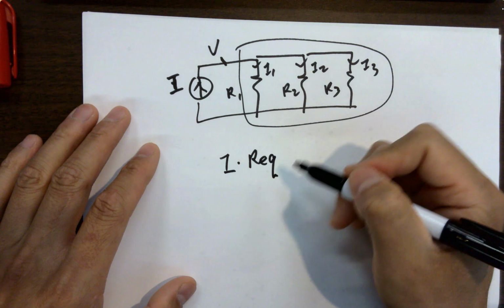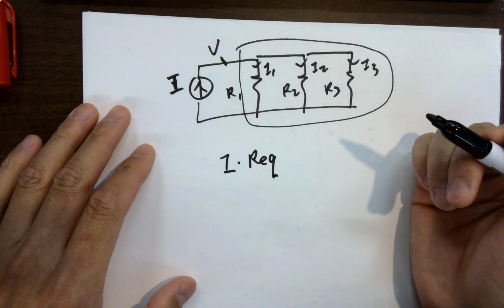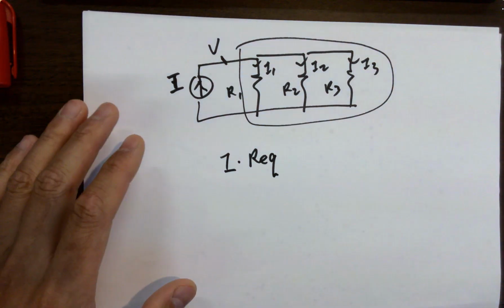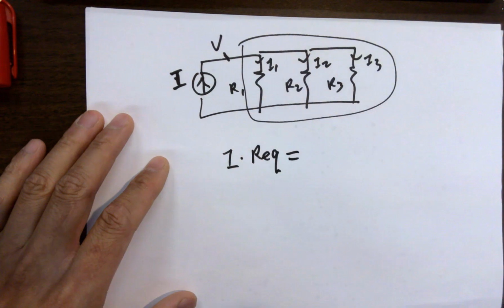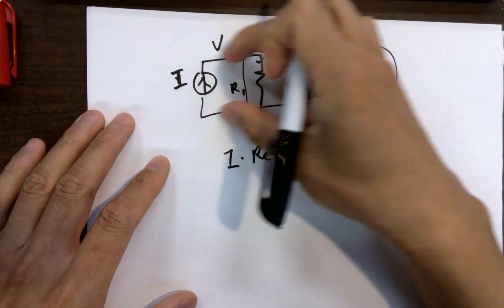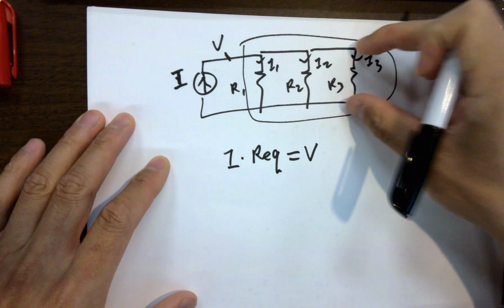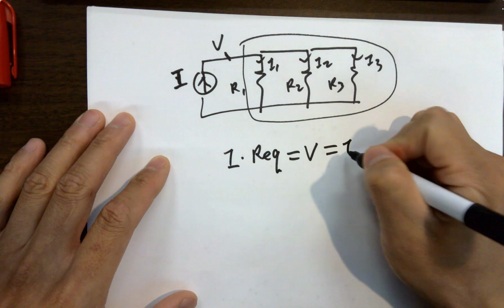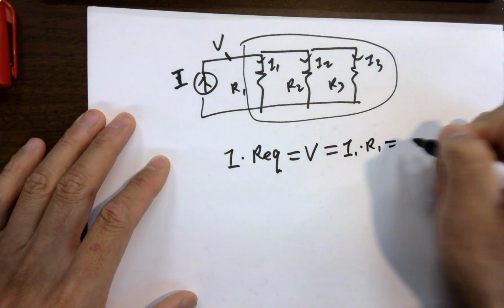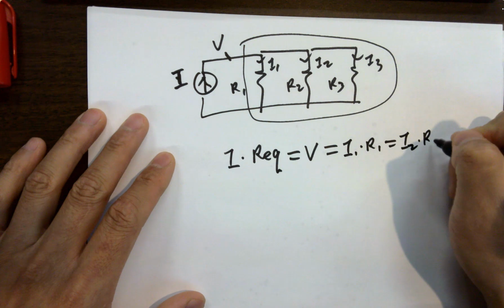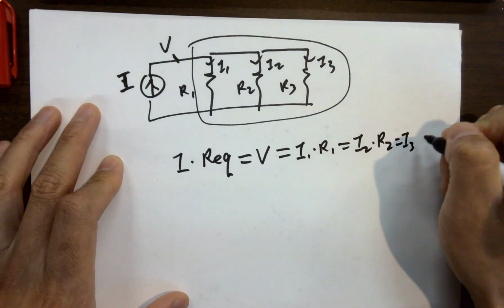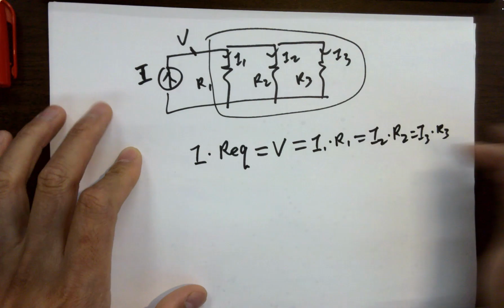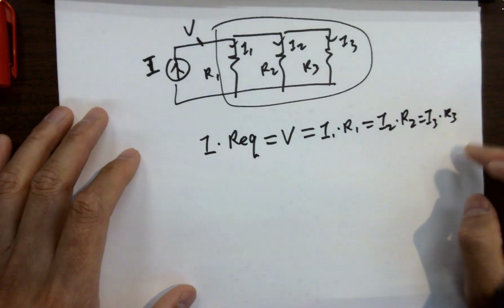It's just a different equation to calculate the equivalent resistance for multiple resistors instead of 2. And this equals V, right? This equals V, and the V is the same V across every resistor. That will be I1 times R1, and I2 times R2, and I3 times R3. You can keep adding resistors, it's going to be the same equation.